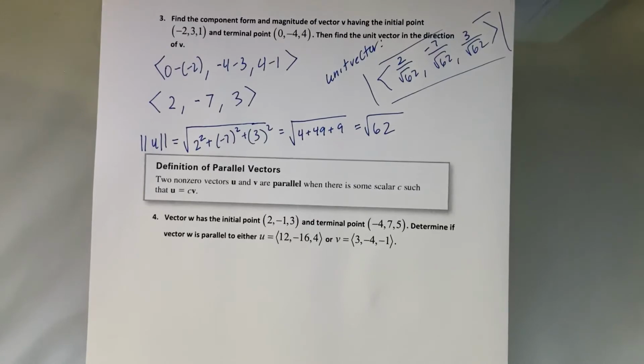Now, a definition of parallel vectors. Two vectors are parallel if you can multiply one by a scalar to get the other, because they can go parallel in either direction. So whether you're multiplying by a positive or a negative, it doesn't matter. So let's say vector W has initial point (2, -1, 3) and terminal point (-4, 7, 5). Determine if it's parallel to either u or v.